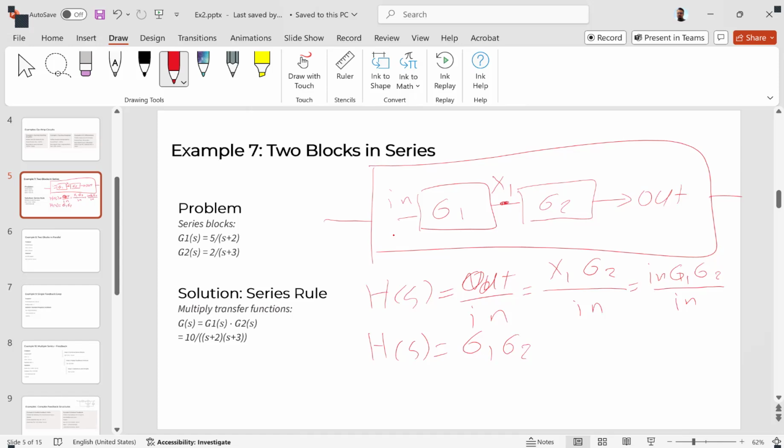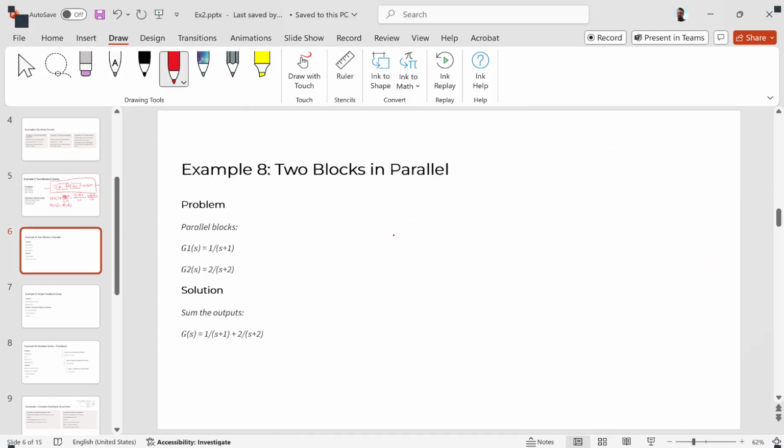Now, what if we have two blocks in parallel? We have G1, we have G2. They are in parallel and they give us the output.